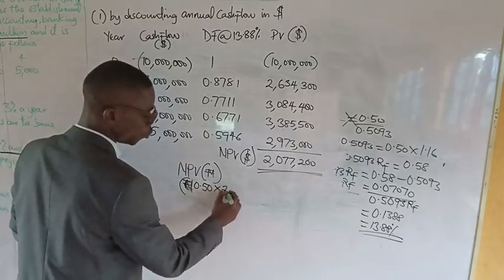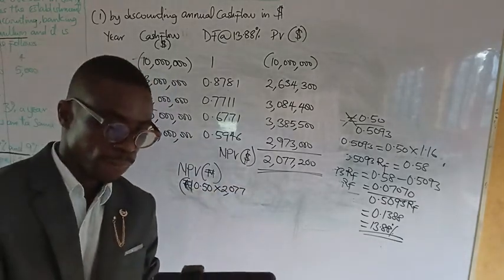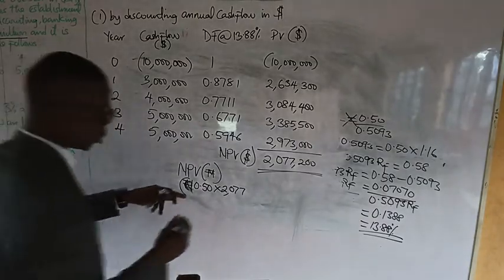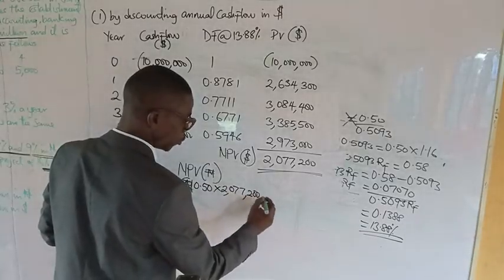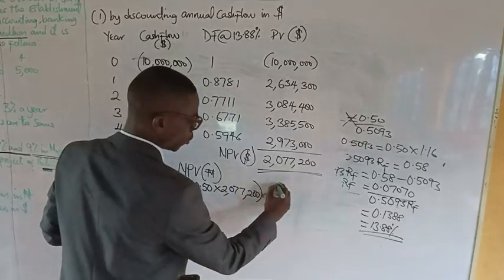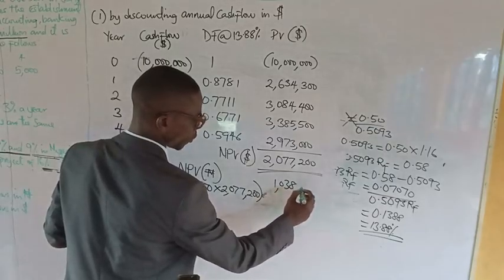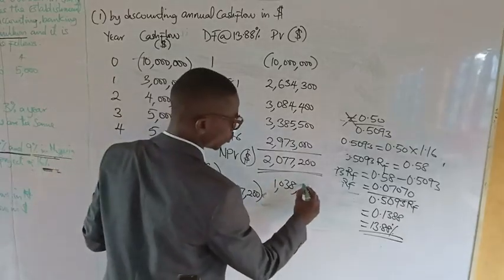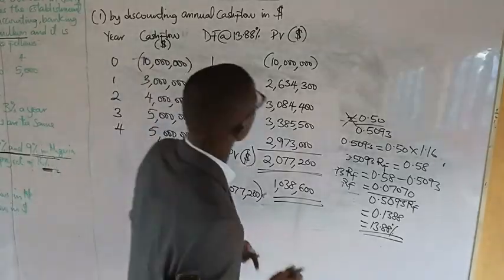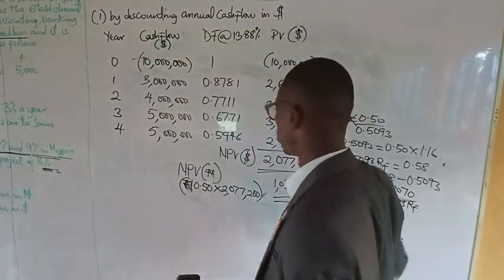So times 2,002. That will give us 1,038,600. That will be the NPV in naira, if you are discounting the annual cash flow in dollars. This is what you have.